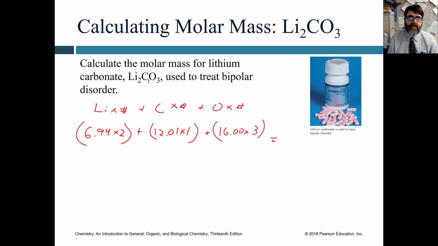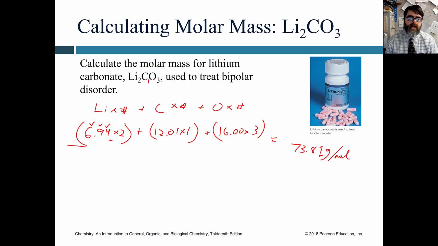Once we do that and we punch it into a calculator, you'll find that it's 73.89 grams, and that's per mole. A couple things I'll point out here. First off, they said they go out to 4 sig figs. There's a few elements that are lightweight enough where they would have to add another digit to the decimal place here. I don't know if they actually did that on this one. I pulled that from my periodic table, which isn't the same one as what's in your textbook. But all of these go out to the hundredths place, which is why we would round this one out to the hundredths place.